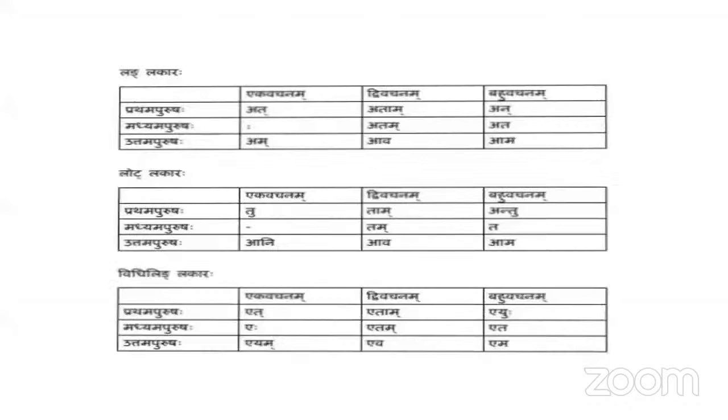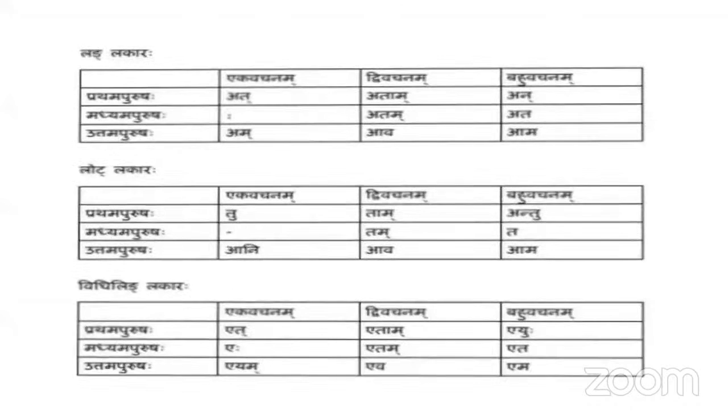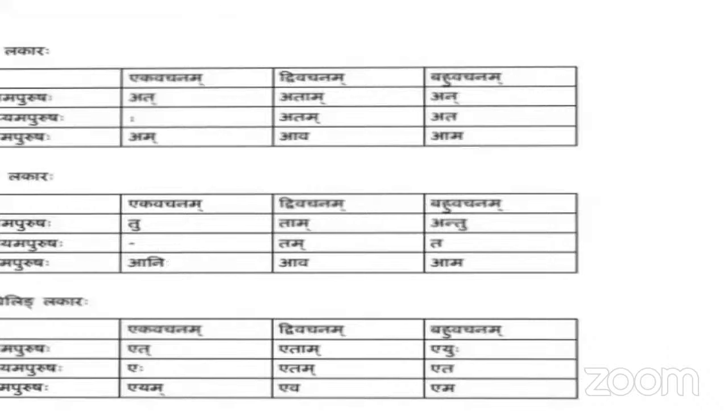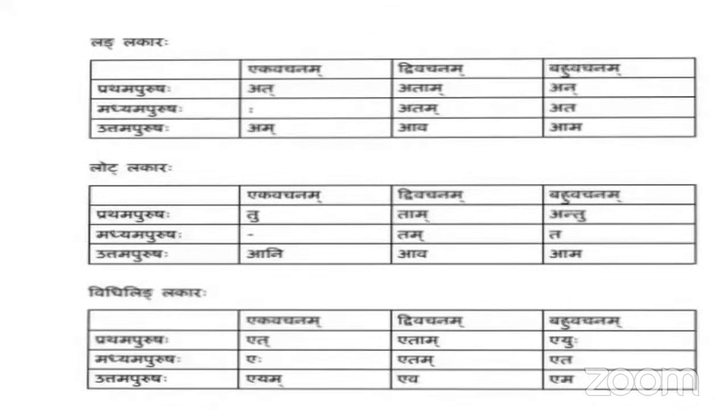Now we will go for the next endings. Now see lang lakar. Lang lakar means past tense. So the lang lakar endings are Parasmaipad endings: at, atam, an, ah, atam, ata, am, av, am.